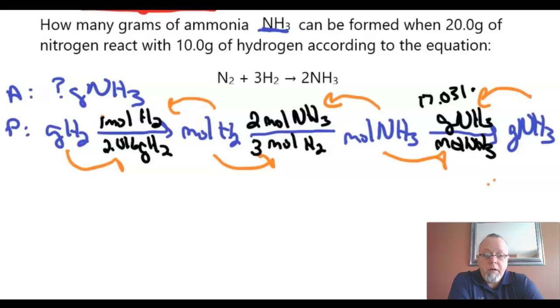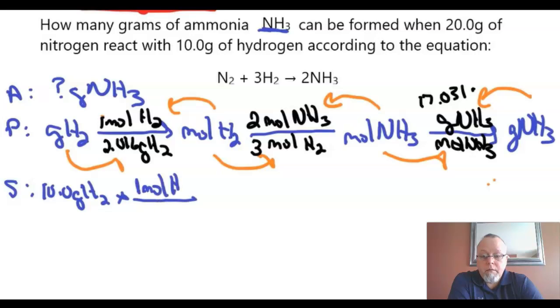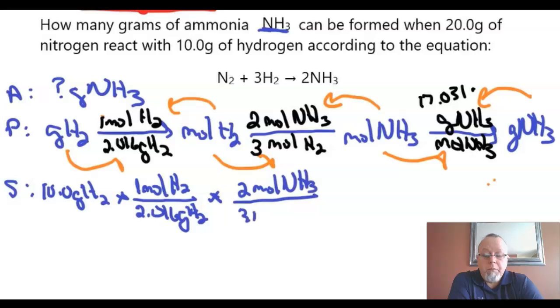Now again, from here, we can simply solve it. So we have 10.0 grams of H2 times 1 mole of H2 over 2.016 grams of H2. And then we have 2 moles of NH3 over 3 moles of H2, our molar ratio. Then we multiply that by 1 mole of NH3 in the denominator and 17.031 grams of NH3 in the numerator.